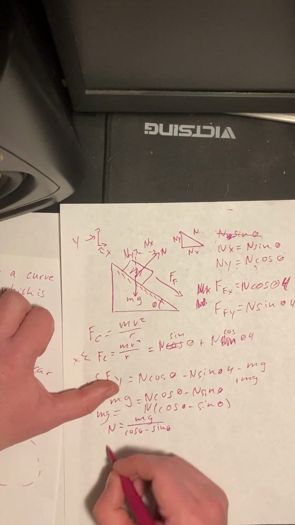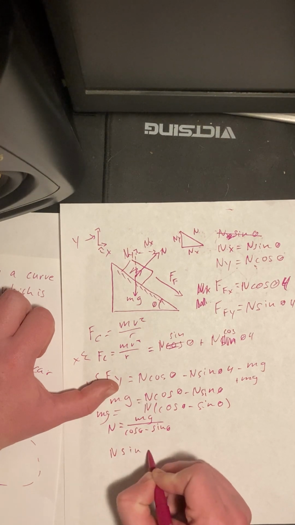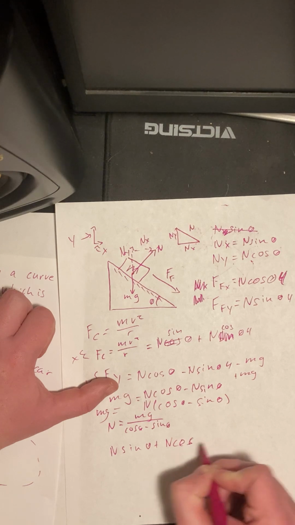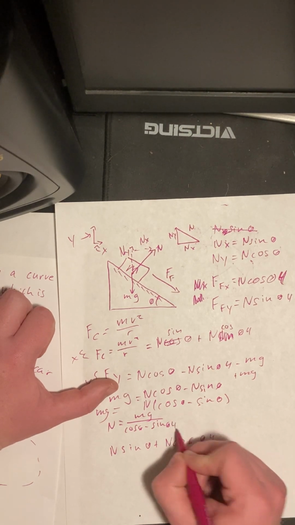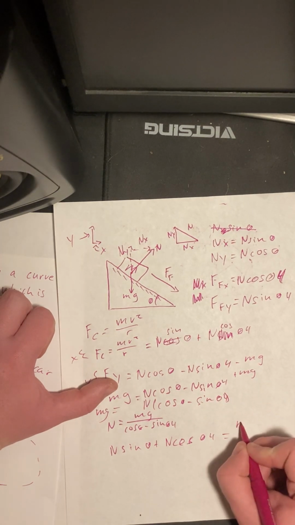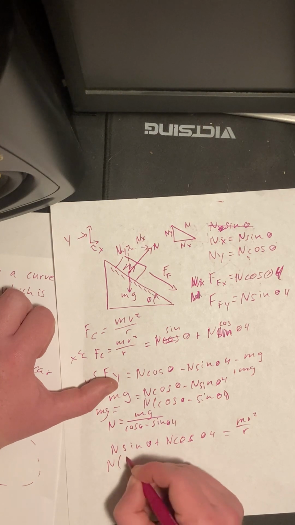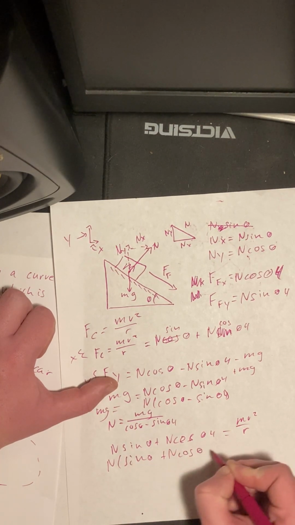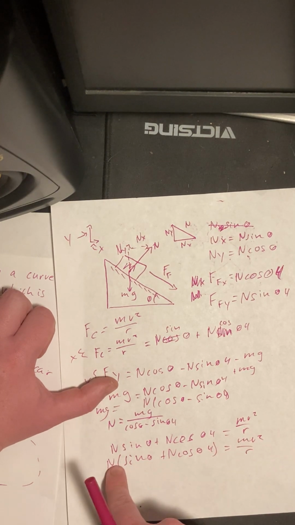So we've got n sine theta plus n cosine theta mu. Oh, that should be a mu also there. Equals mv squared over r. Let's factor out these n's, so n times sine theta plus cosine theta mu equals v squared over r. And then plug this n in here.